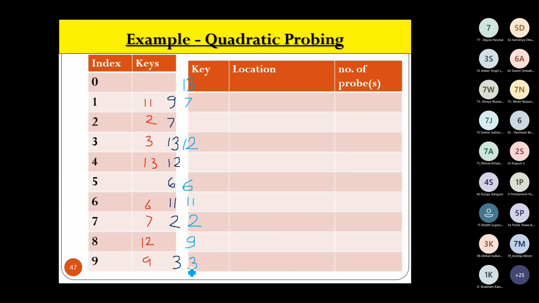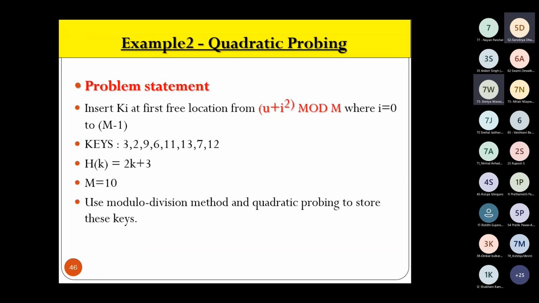The first answer is given by Sarvadnya, the second by Nirmal, and the third by Prathamesh. So Sarvadnya, explain your way of finding this. You have to take the hash function as 2k plus 3.